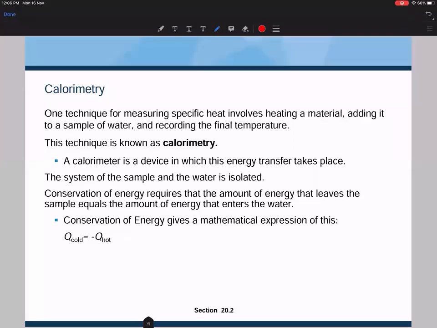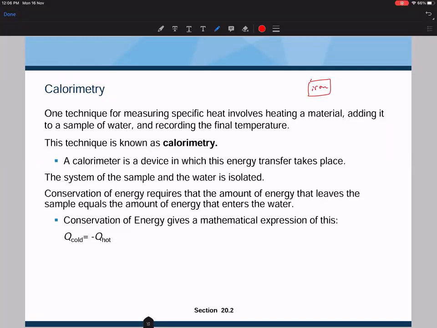You have a certain material, for example, a block of iron. If you want to know the specific heat of the iron, you first try to measure the temperature of the iron. And of course, you have to know the mass of the iron as well.